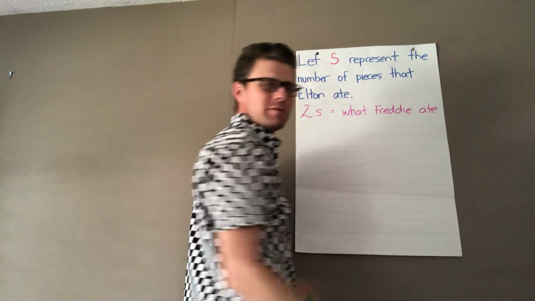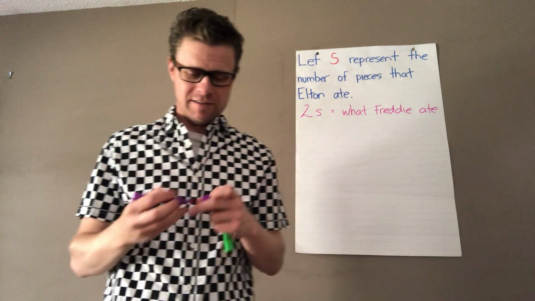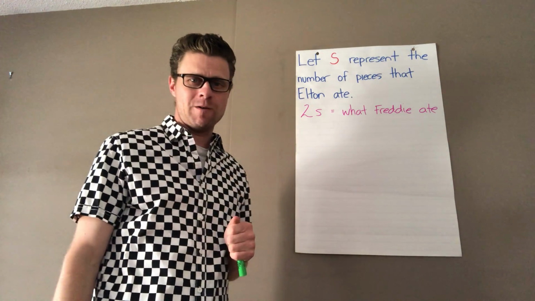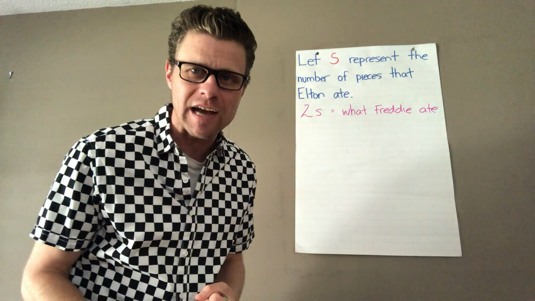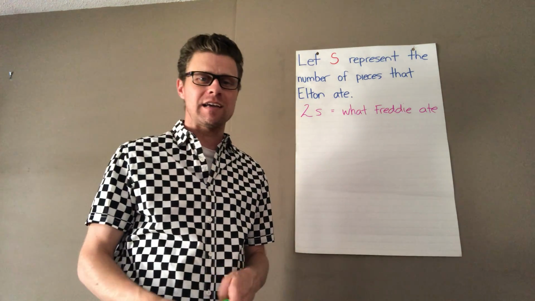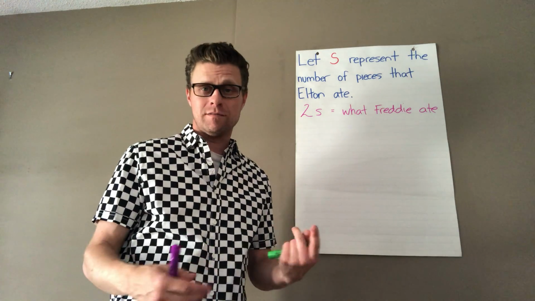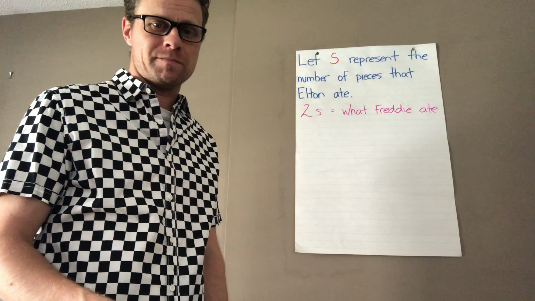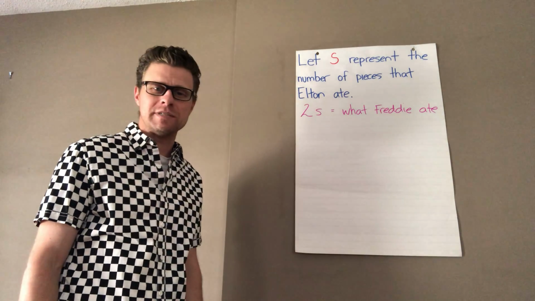And I know some of you remember that I struggle to write on vertical surfaces, so I'm going to try my best. Okay? So we have S representing Elton. We have 2S representing Freddie, their consumption of sushi. So we need to add these two together.